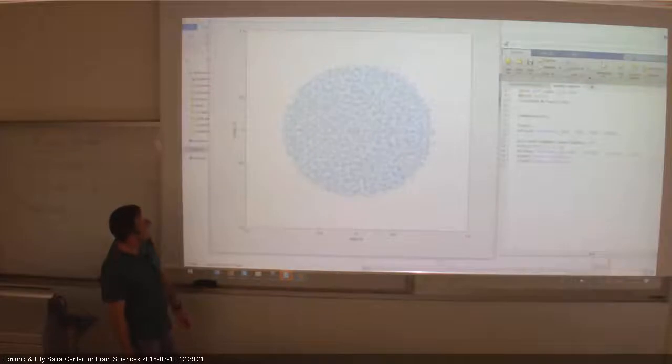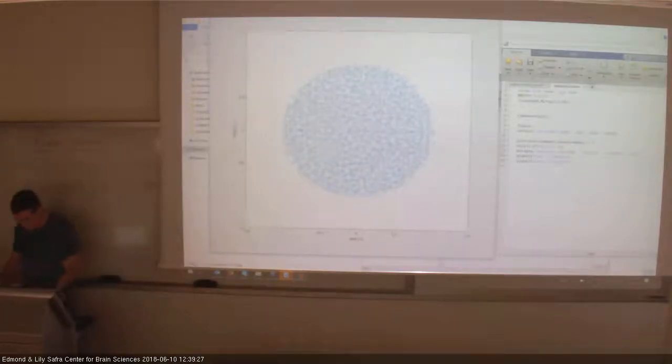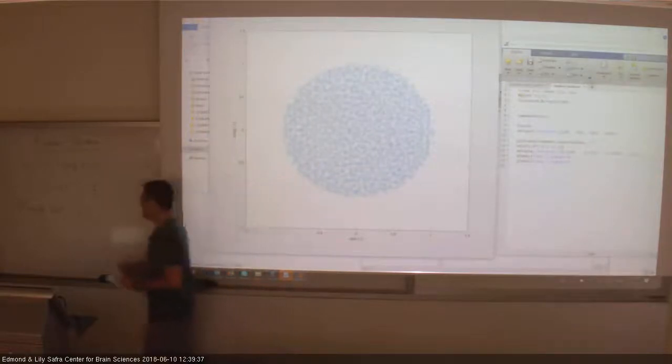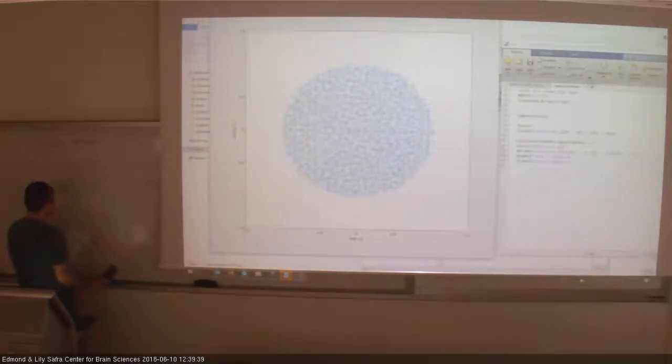Well, it seems that they are all uniformly distributed in a circle. And it turns out that this is really true. And as always, there is a Russian that proved it.